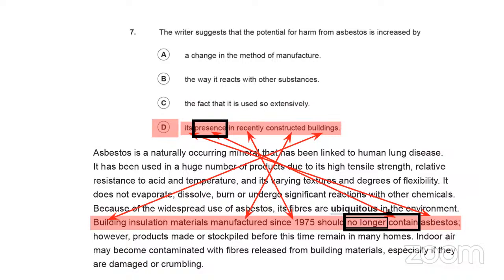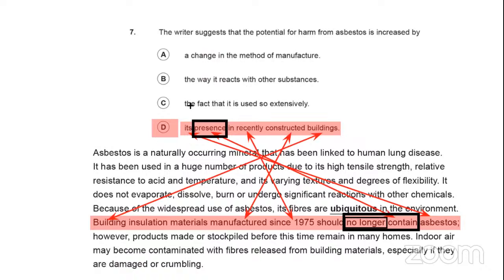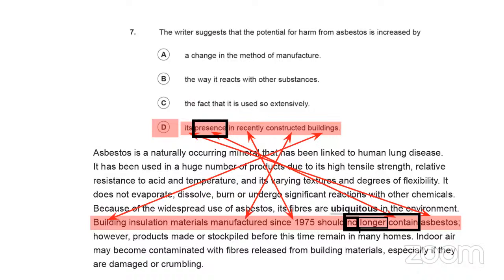And then he used this positive sentence in a negative manner by saying no, no, no. That means he negated. No longer contain means not present. Not present means absent. So you have to get the multi-dimensional impact. Present and not present. So it is a wrong answer.